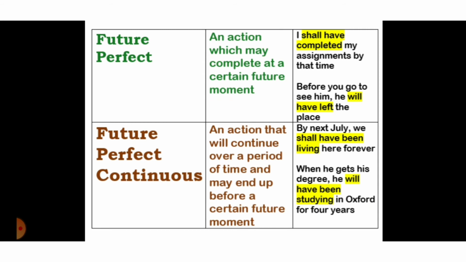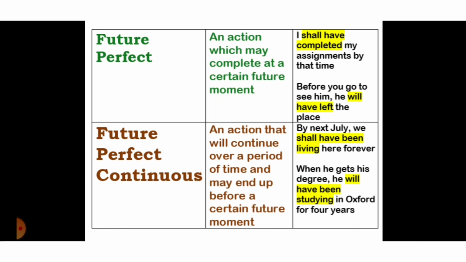So here comes the future perfect. If an action may complete at a certain future moment, we will call it future perfect. So let's see the examples. I shall have completed my assignments by that time. By that time means by that future time.